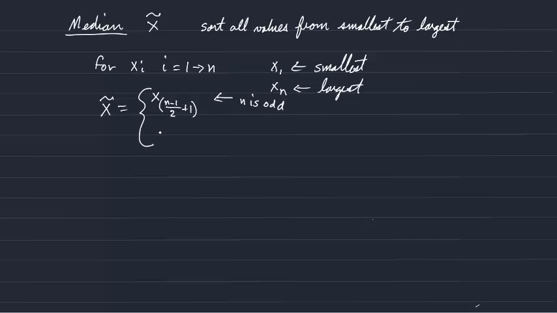Or if n is even, it's the average of the two middle values, or the two values on either side of the exact middle.